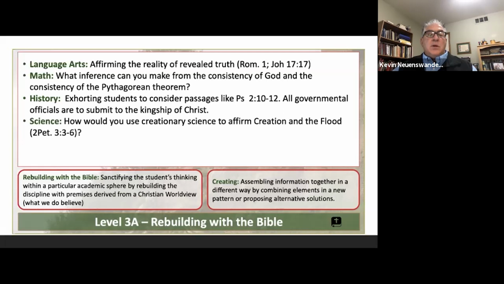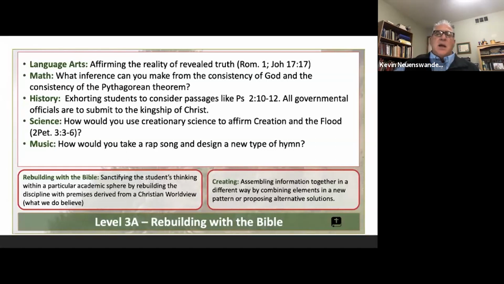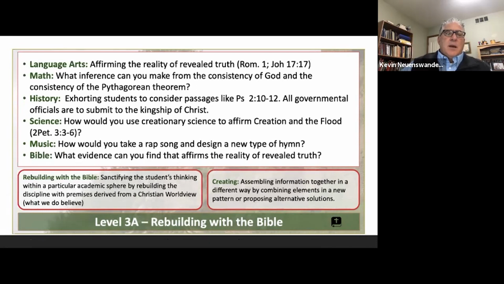Science: how would you use creationary science to affirm creation and the flood? So you see that it's what we do believe. Music: how do you take a rap song and design a new type of hymn? See that? The creative piece. Bible: what evidence can you find that affirms the reality of revealed truth?